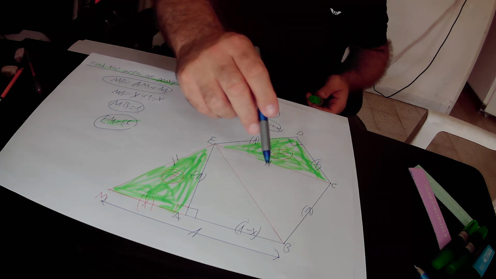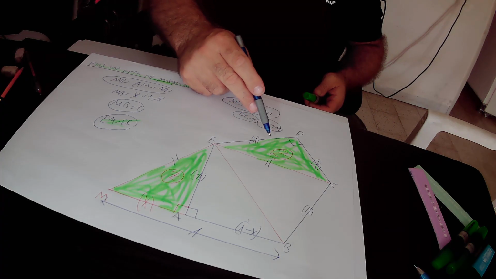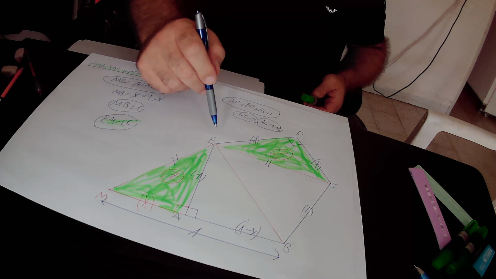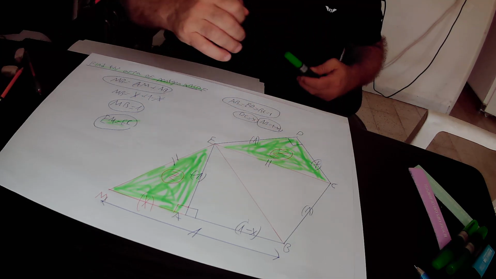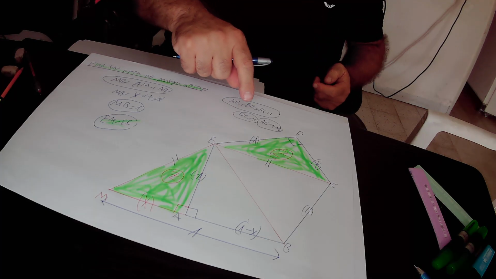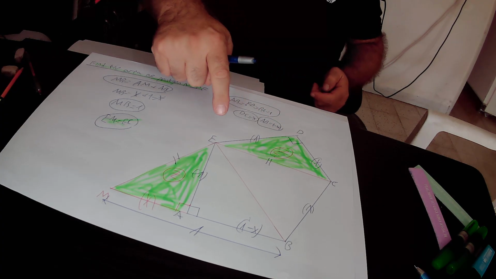Pentagon ABCDE consists of this green right triangle EDC, and it also consists of this quadrilateral ABCE, and therefore the area of pentagon ABCDE will be equal to the area of this right triangle EDC plus the area of this quadrilateral ABCE.